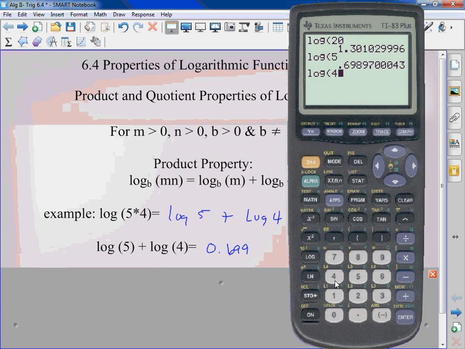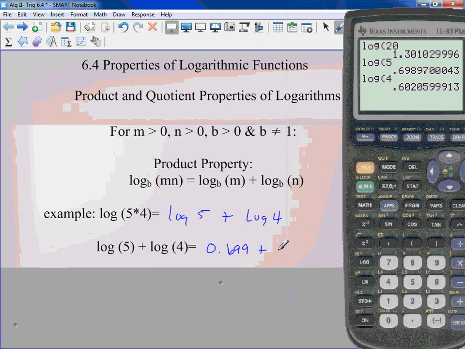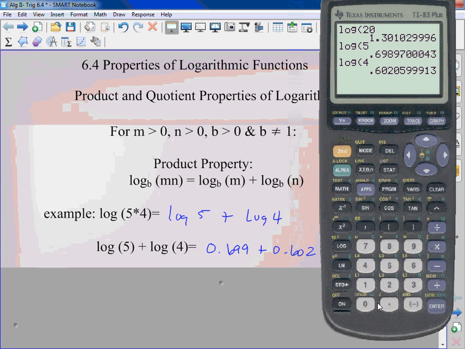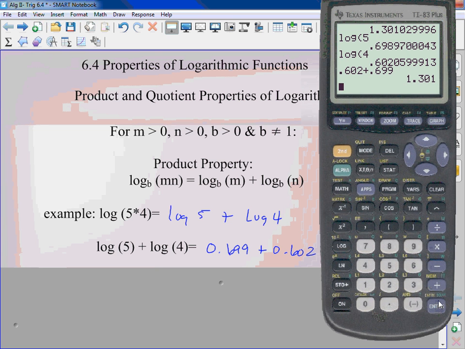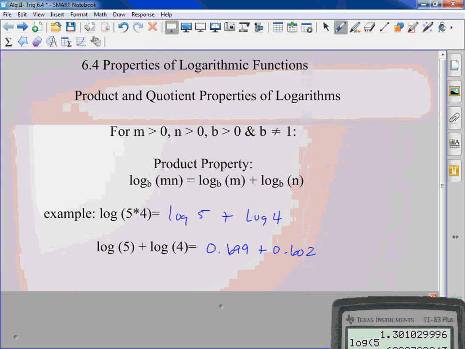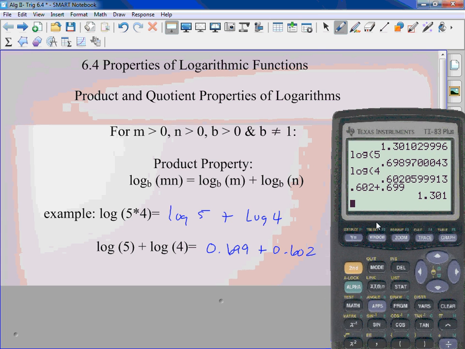Log of 4 is 0.602. If I add these two together, what do you get? Same exact thing. The only difference is mine's rounded. That's what the log of 20 is.